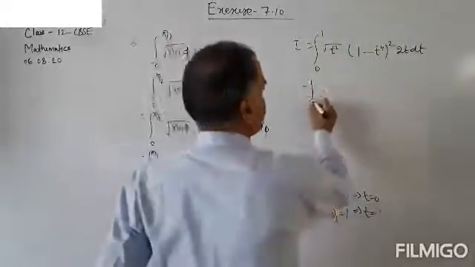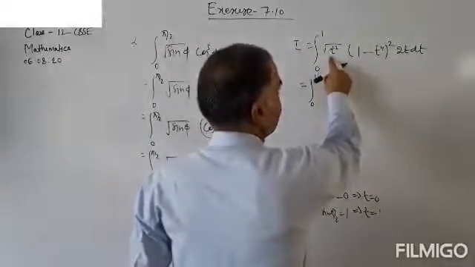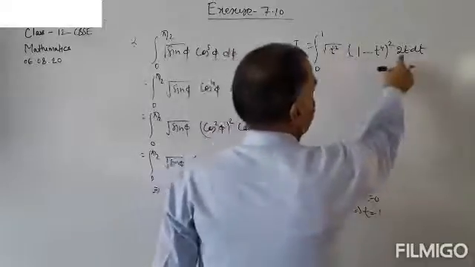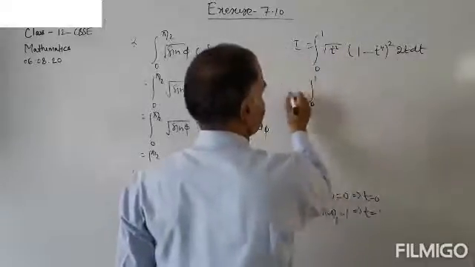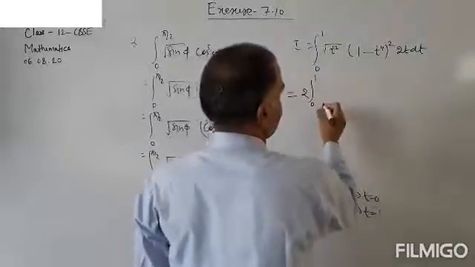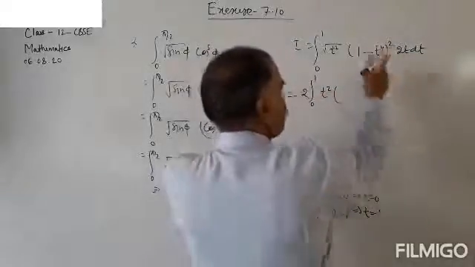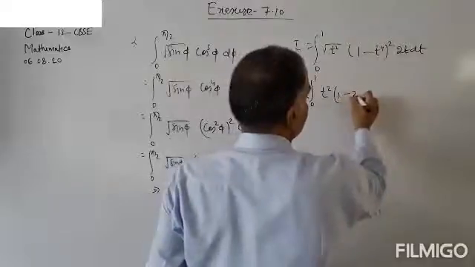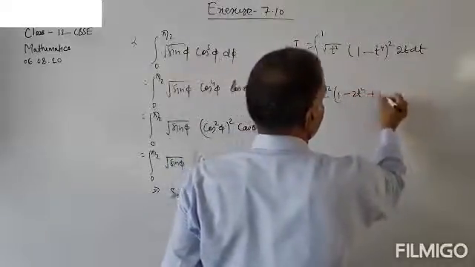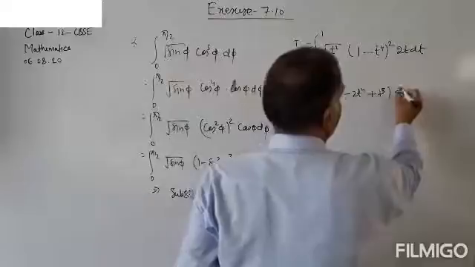So this equals the integral from 0 to 1 of root t square, that is t, times 2t, so t square. The 2 is outside the sign of integration, and this is t square times (1 minus t to the power 4) whole square, that is 1 minus 2t to the power 4 plus t to the power 8, dt.